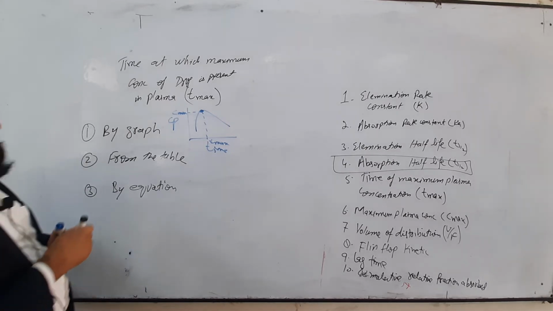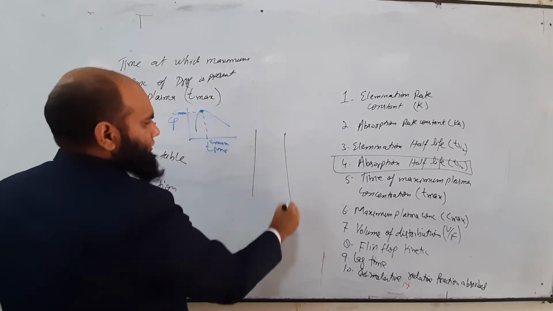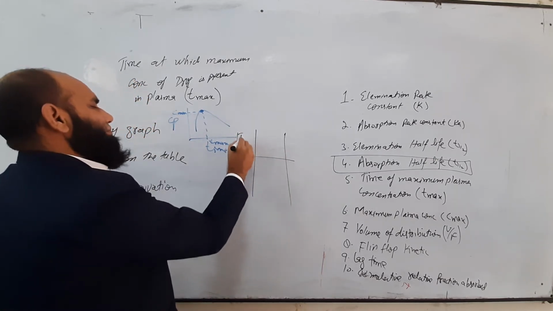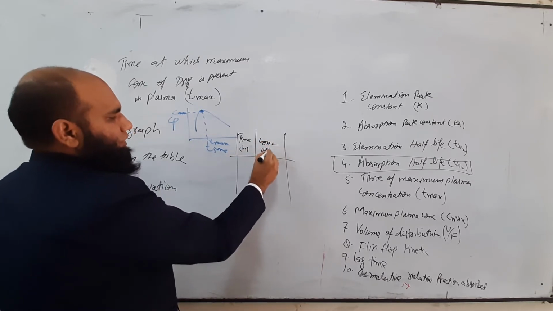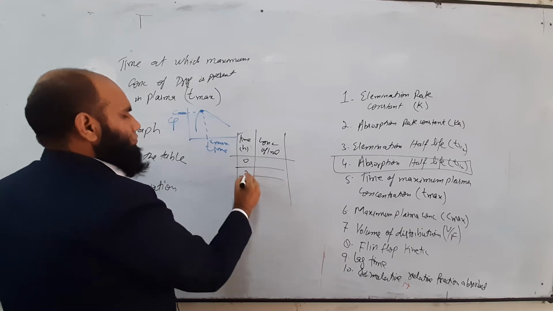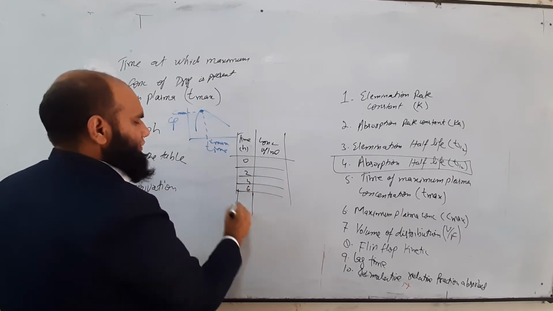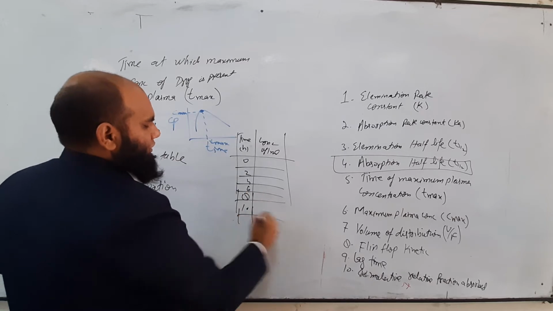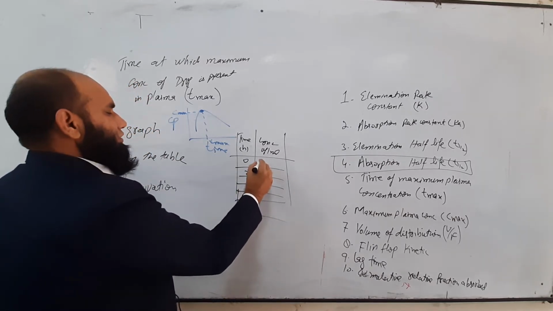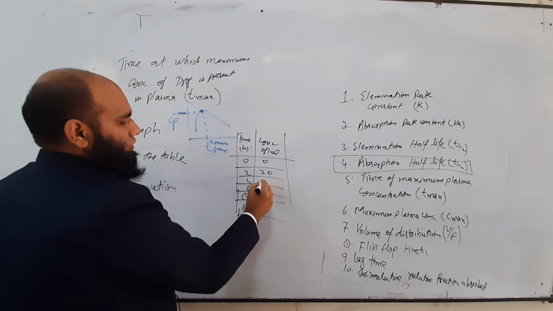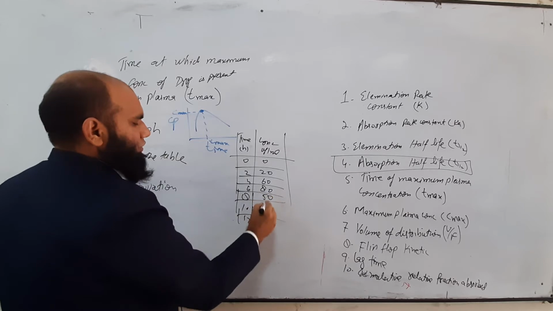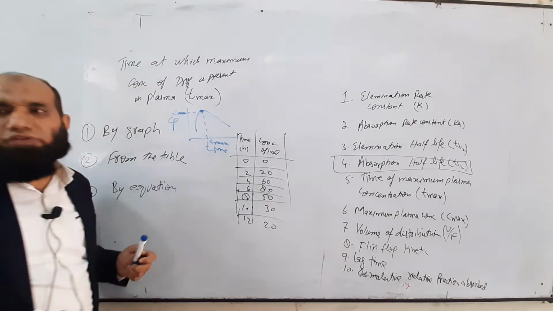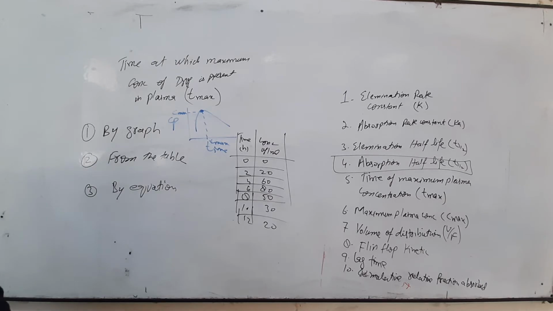Another way is from the table. Okay, we have seen a table between what? Time, which is in hours, and concentration, which is in microgram per ml. If we know time 0, 2, 4, 6, 8, 10, and 12, and the concentration is 0, 20, 60, 80, then 50, 30, 20, we can easily create the demarcation where the maximum concentration is.